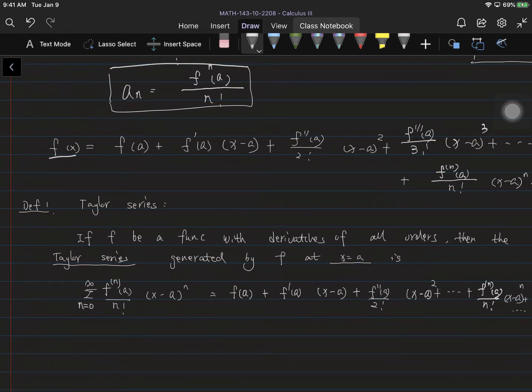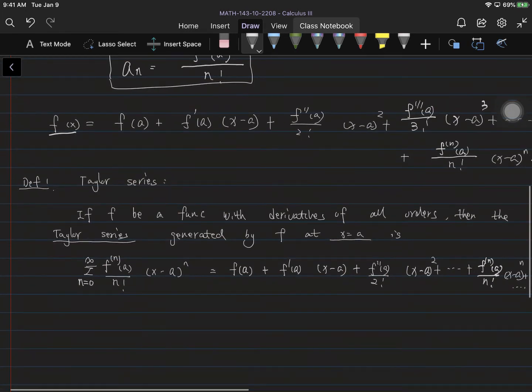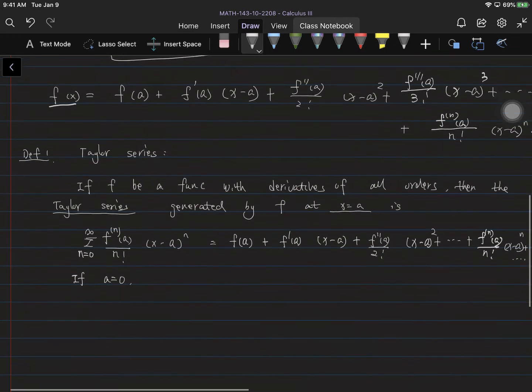This is called the Taylor series, right? And if a equals 0, it's called the Maclaurin series.